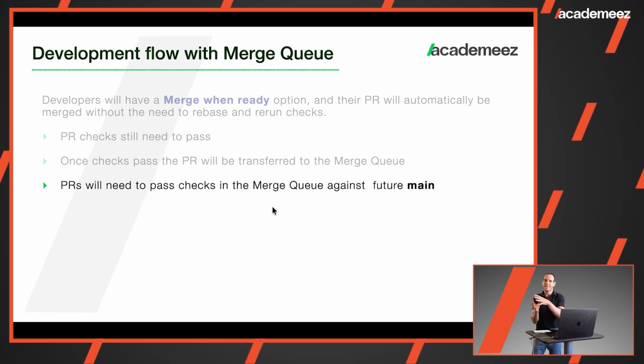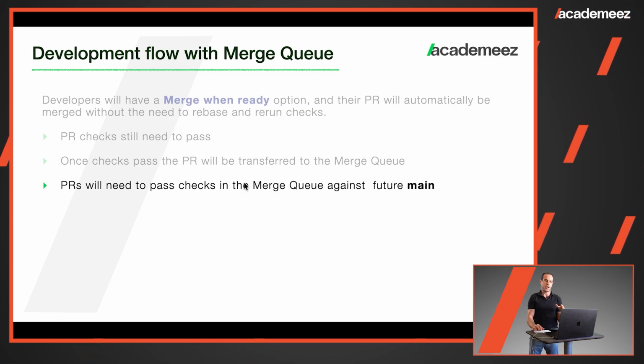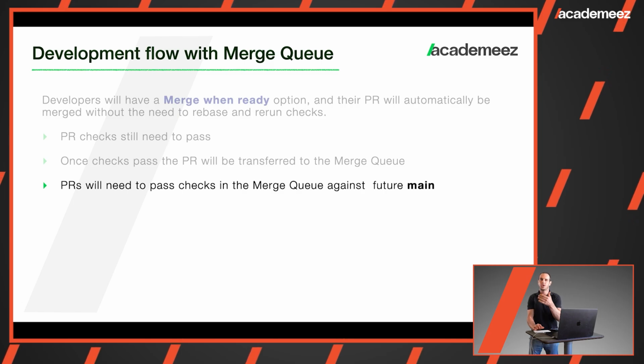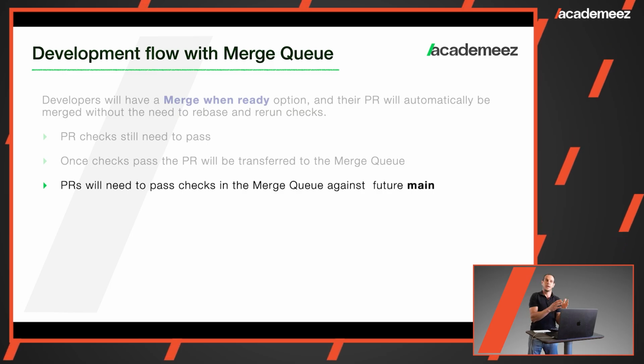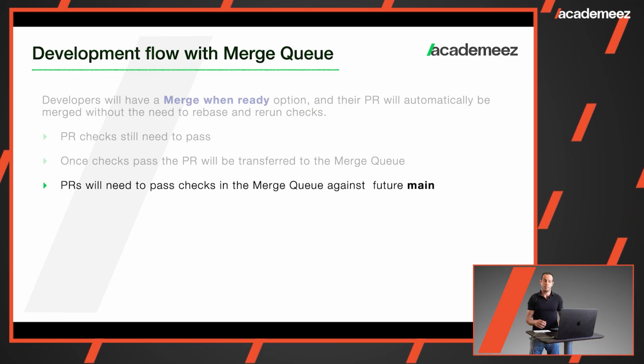So the fact that the checks pass in your pull request does not necessarily mean that the checks will pass in the merge queue. They need to pass again, and your pull request might be a bit different because it might be rebased with different PRs and the latest main.